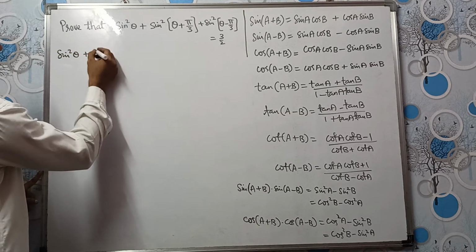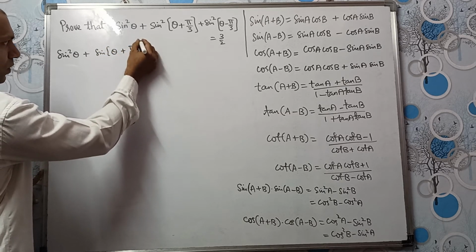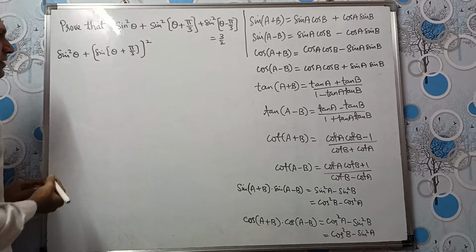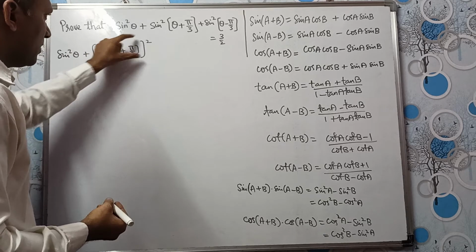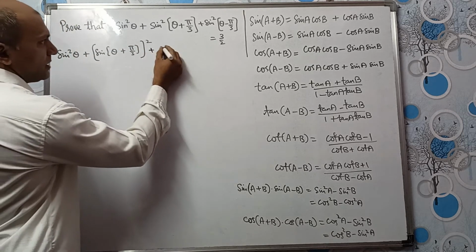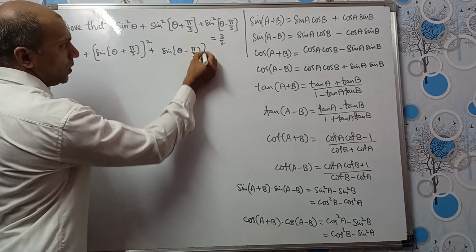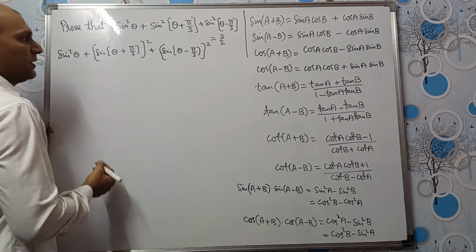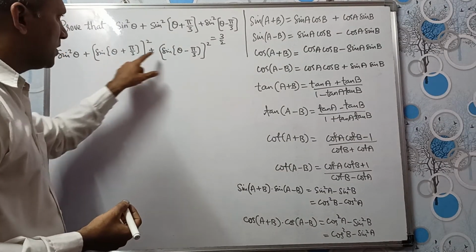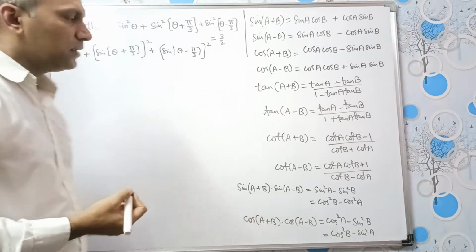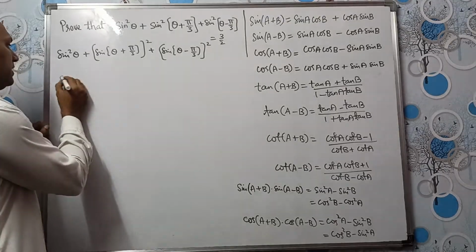Sine square theta, can we write this as a whole square? Yes, it is the same thing, right? Sine square of theta plus pi by 3 is the same as sine of theta plus pi by 3 whole square, plus here also let us change it and write it as a whole square. Now let us apply the sine a plus b formula, because it is the sine a plus b form and this is the sine a minus b form, right? Let us expand.